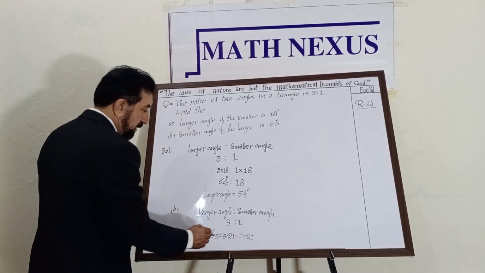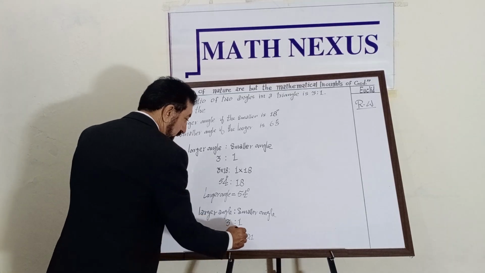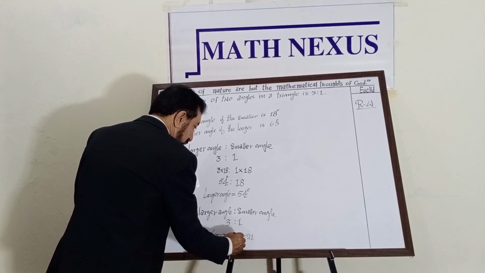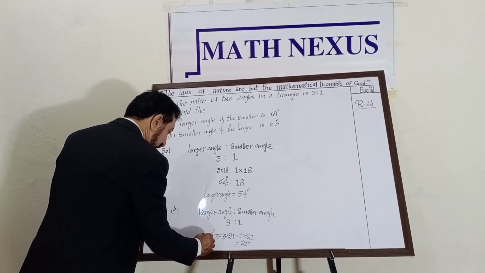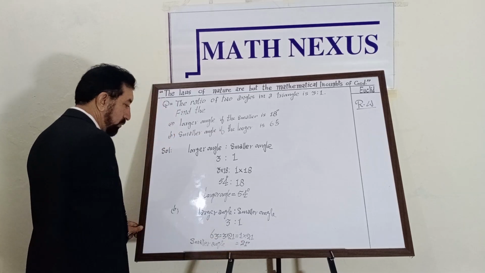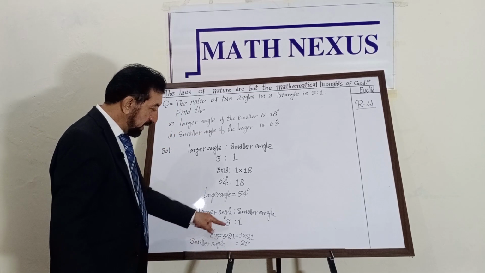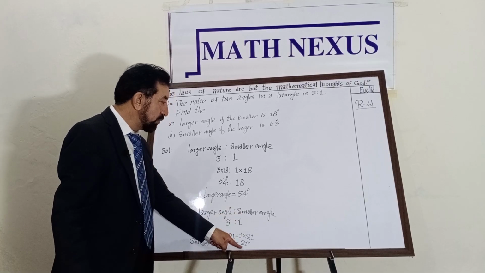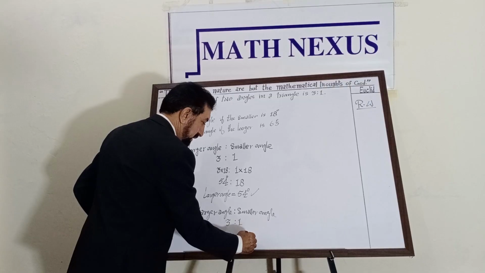It means that we multiply both sides by 21. The smaller angle is equal to 21 degree. Larger angle is 63 degree and the smaller angle is 21 degree. In the first case, one is 54 and the other is 18 degree.